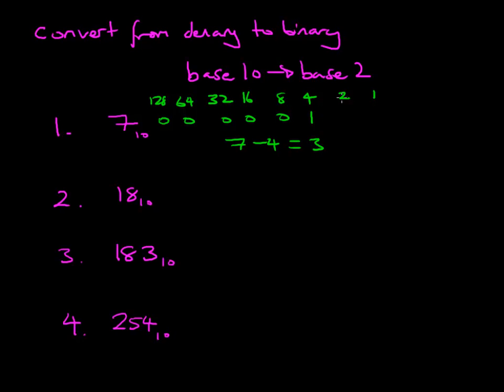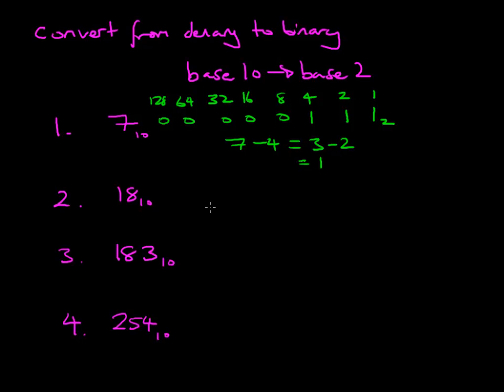Now 2, so we can put 2 into 3, that works, that's the next smallest. So we need a 2. So 3 minus 2 equals 1. And we've got the 1 there. So we've got 4, 5, 6, 7. So the answer to what is 7 in base 10, it's 111 in base 2.